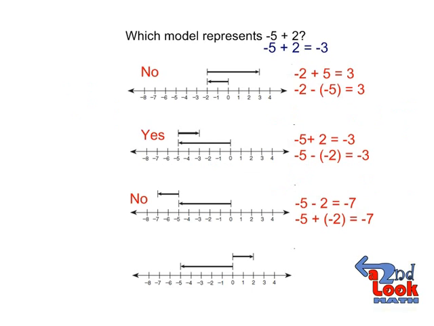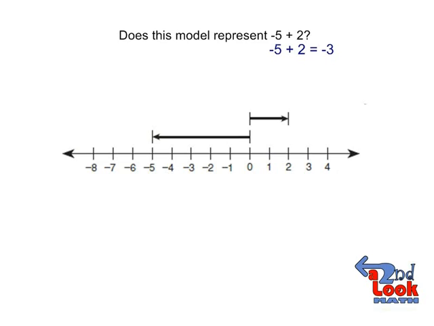The last one is actually probably the most unique answer choice in that I can't even really tell what's happening here. We sort of have a 0 going to the negative 5, and we have a 0 going to a 2, but there's no chain of events here, one step then the other.